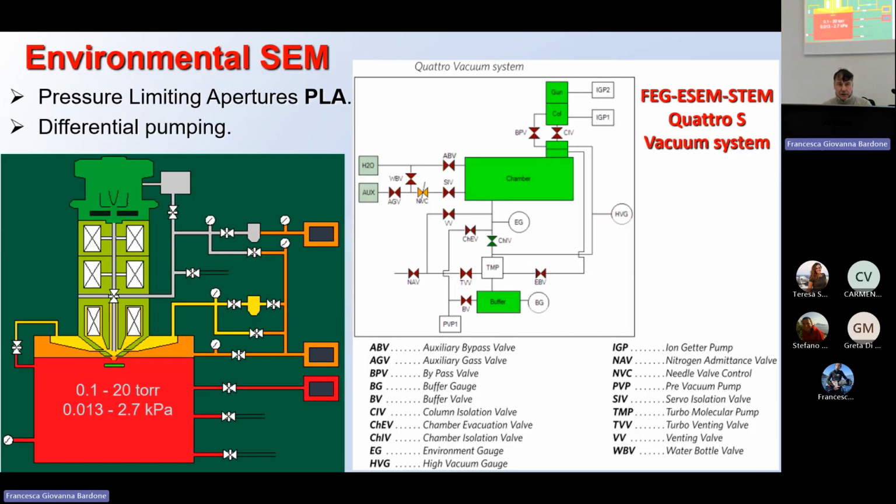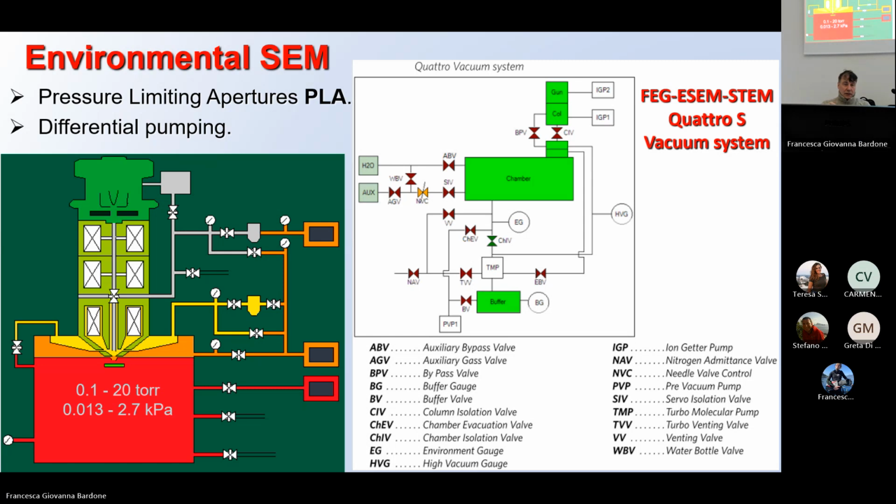How the system is built must be known, to avoid problems during the observation. The column and the chamber are geometrically similar to a classical scanning electron microscope.